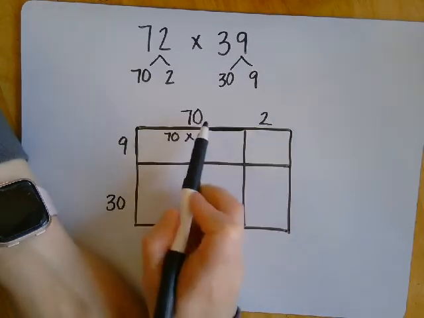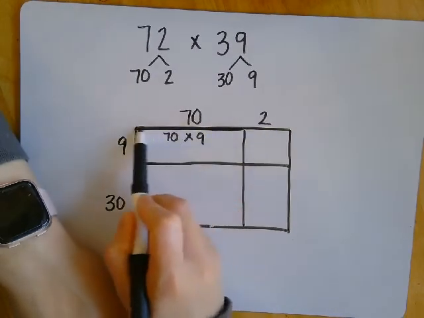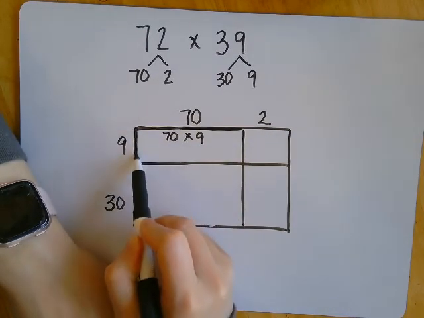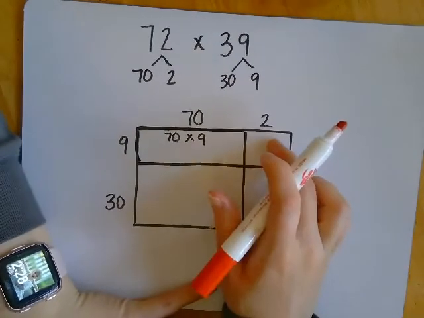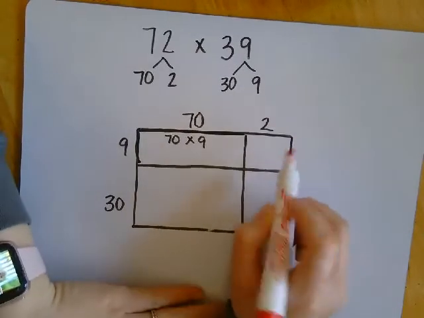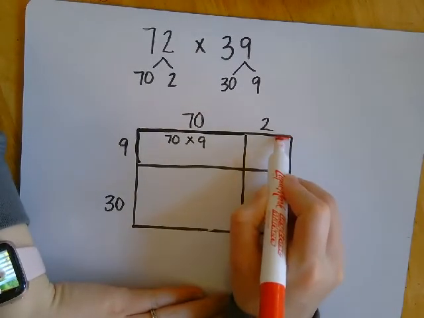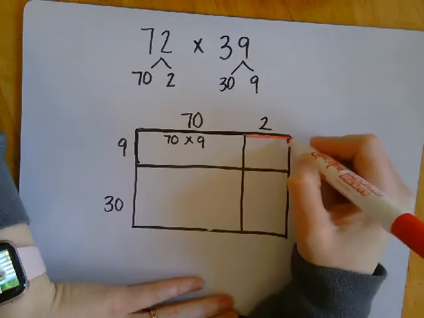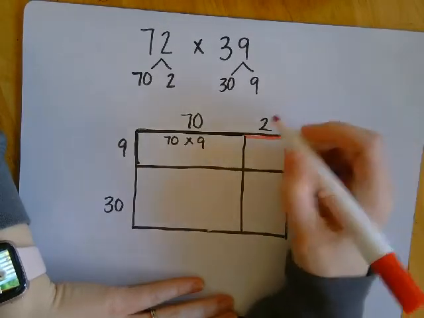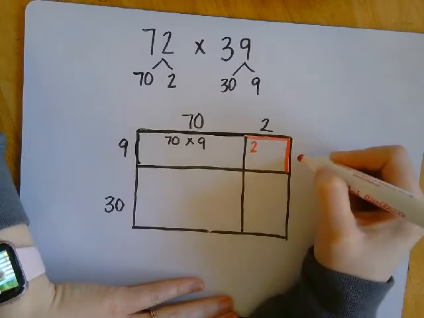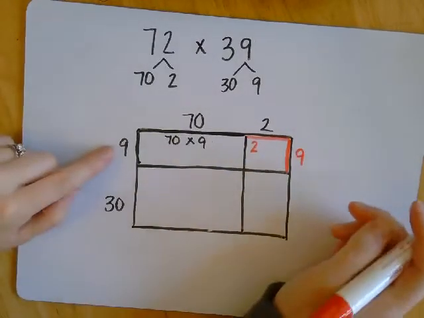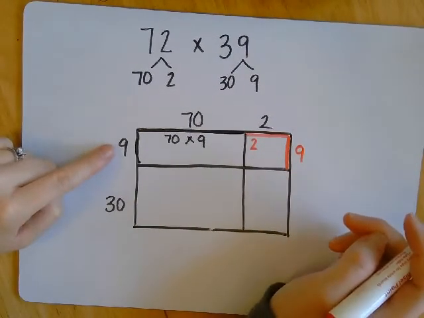And I know that because this side says 70 and this side says 9. Next, I'm going to multiply for this area, and I know that that is going to be 2 times this side, and I know that this side equals 9 because this side is equal to 9.